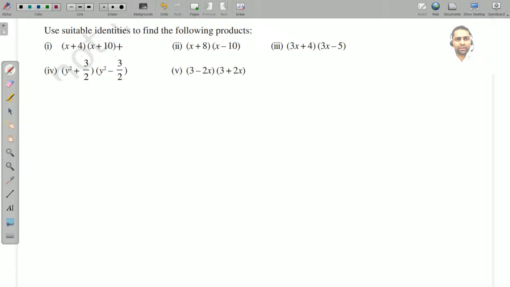To use suitable identities to find the following product: x plus 4 times x plus 10. So which identity you can use over here is x plus a times x plus b. It says, what is x plus a times x plus b?